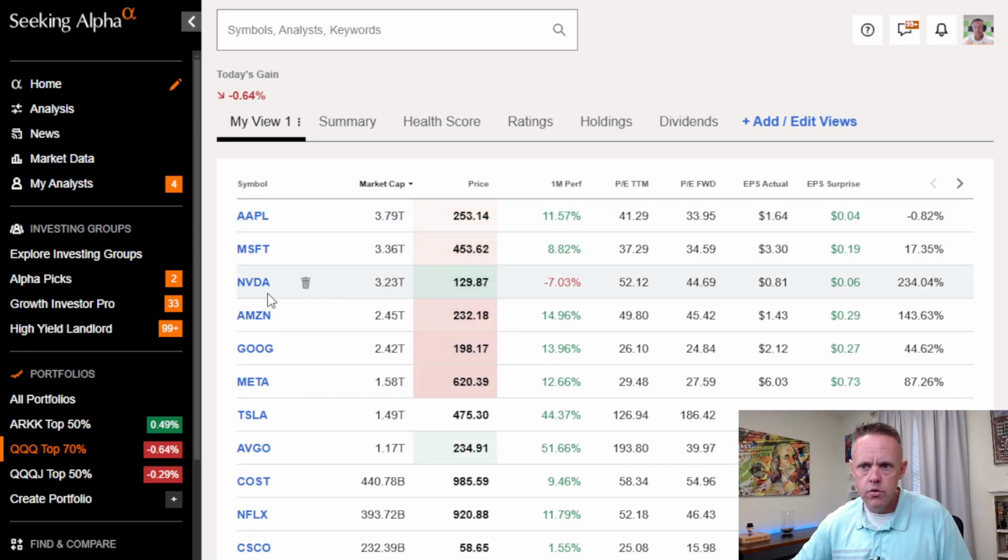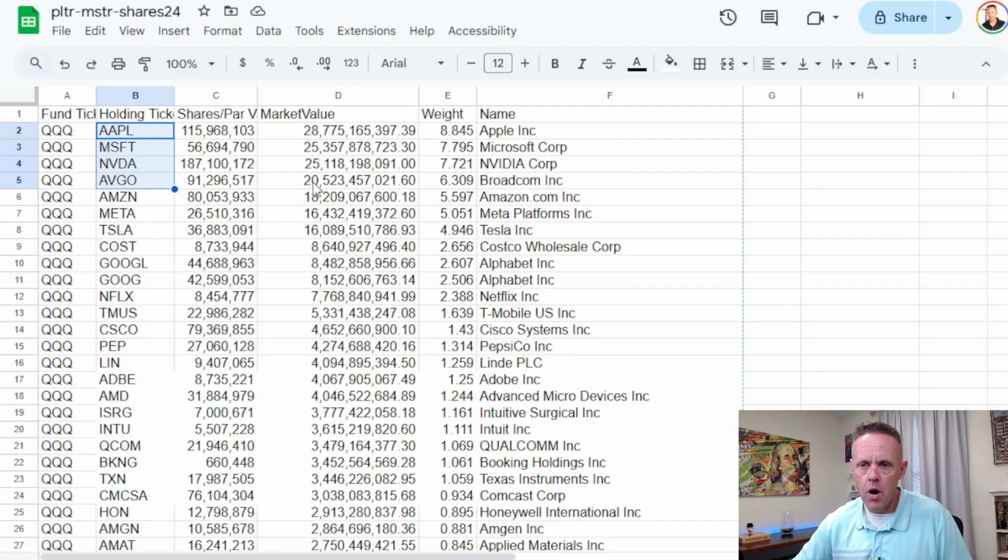So 1, 2, 3, 4, 5, 6, 7, 8. The top 8 in market cap are broadly represented as the top 8 in here. There are some differences because they have, for example, 2 different kinds of Google stock, but generally speaking, market cap is playing a role in how many shares the QQQ is buying of the stocks that they hold.